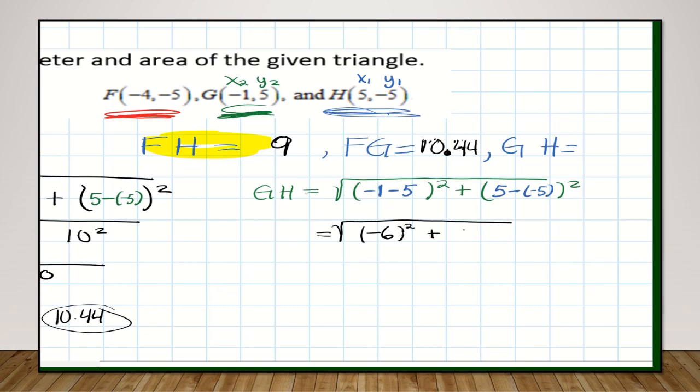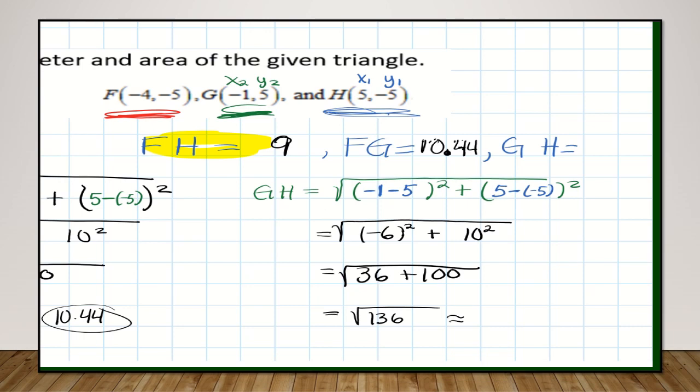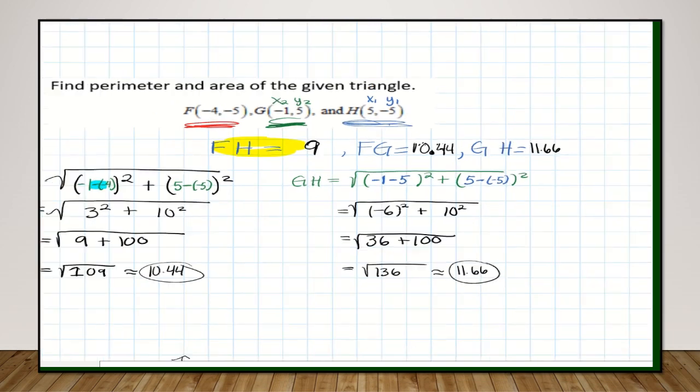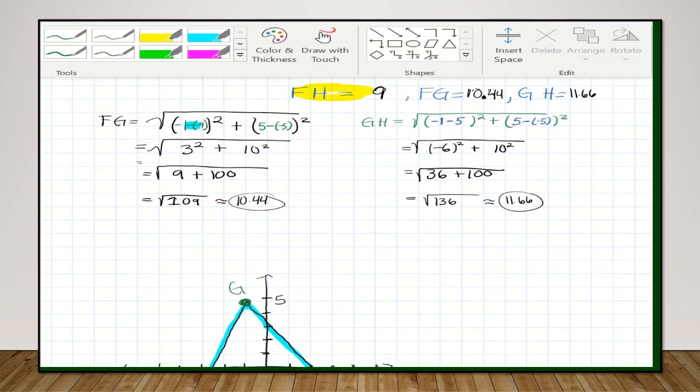So inside the first parentheses, we're going to get -6 to the second power. We have a double negative in the second parentheses, so that's going to turn into addition, giving us 10 to the second power. -6 to the second power is 36, since we are multiplying -6 times -6. And if we round this to the nearest hundredth, we're going to get that it's approximately 11.66.